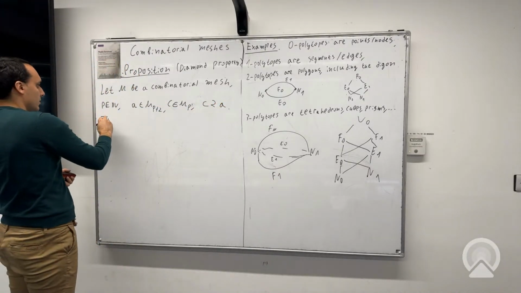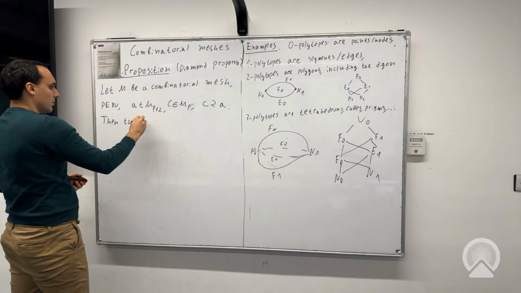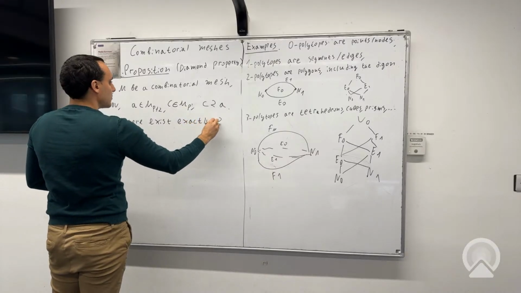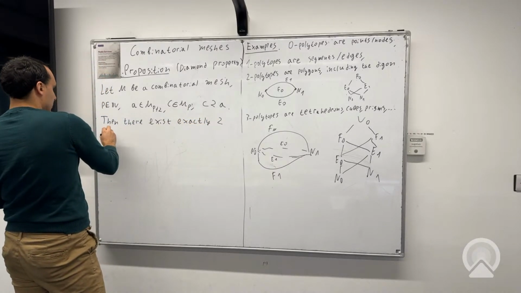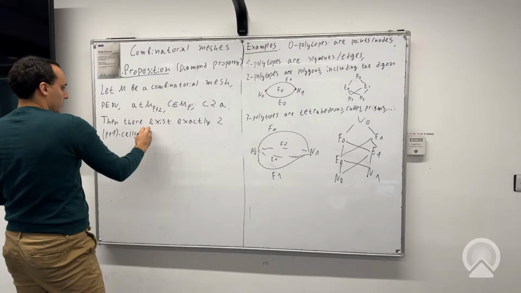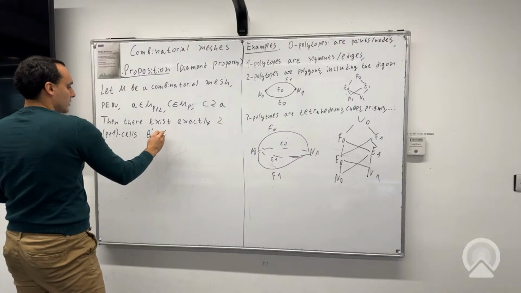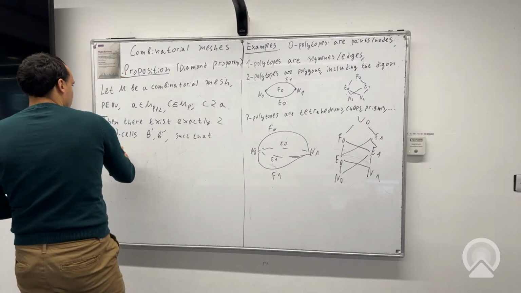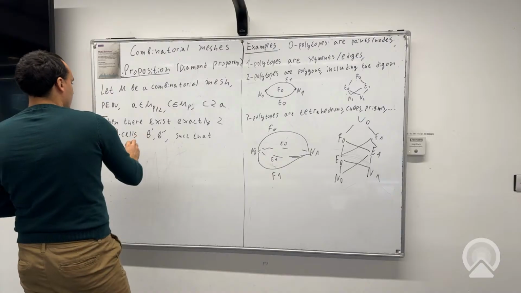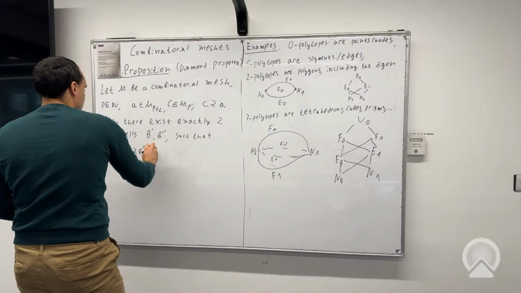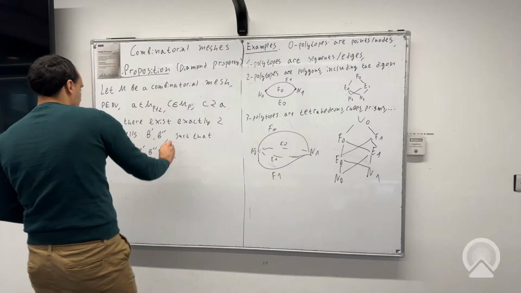Then there exist exactly two P plus 1 cells, B prime and B second, such that C is smaller than B prime and B second, and smaller than A. Why is it called diamond?